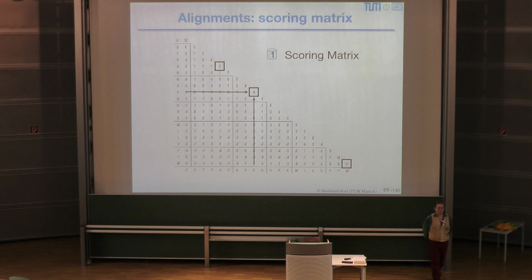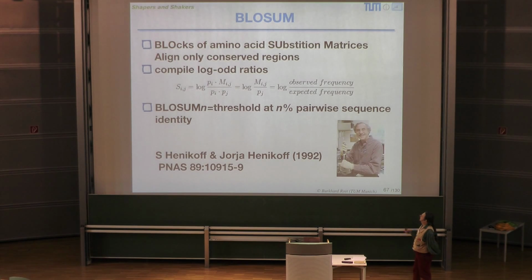And yes? How exactly did they come up with these numbers? The way they come up with the numbers, Steven and Jorja, is that they compile a set of alignments, of blocks. They take a protein, align another protein into it, align another protein into it, and find all the blocks defined as no insertion. Take this block, and for every column in this block, at position 2, the second residue, what do I see?